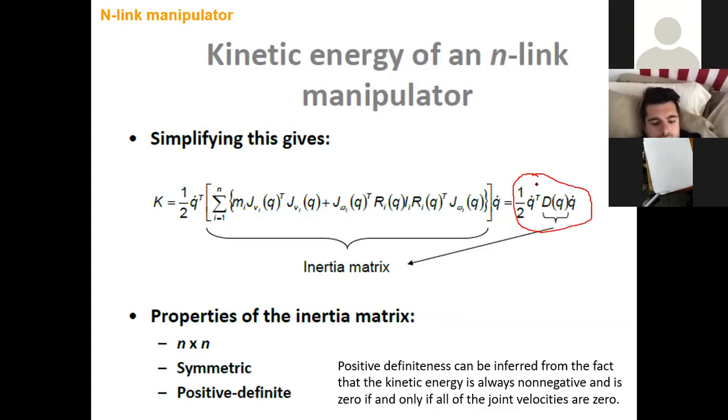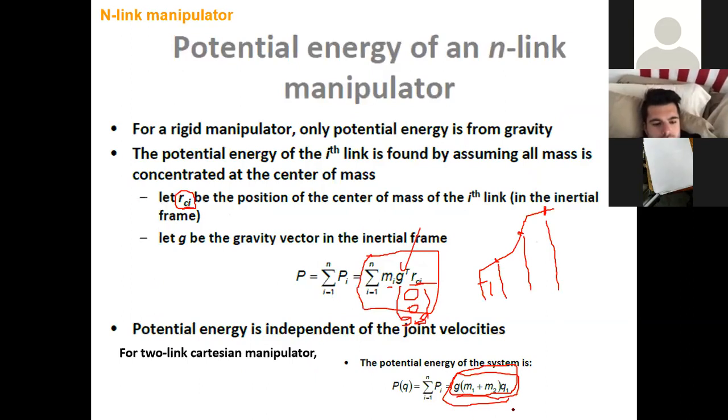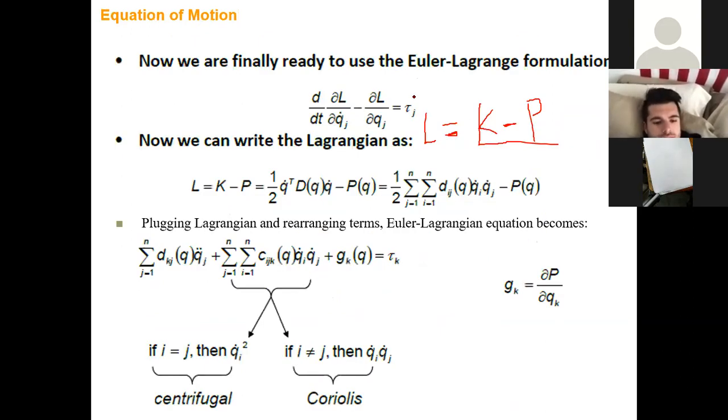Also, we can write this in the form of summation, as you know already. This is my K. And similarly, this is my P. So K minus P gives me L. That's what I meant.